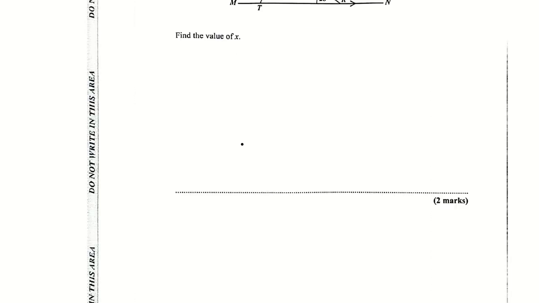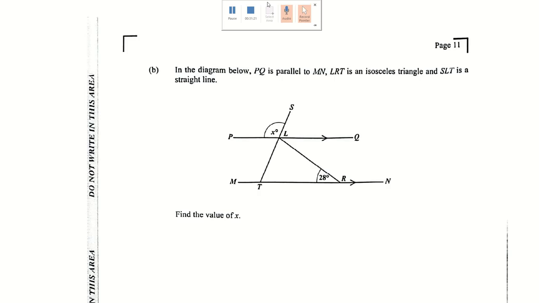So, this is your angles type question. Alright, let's look at this question. In the diagram below, PQ is parallel to MR, LRT, where's L?